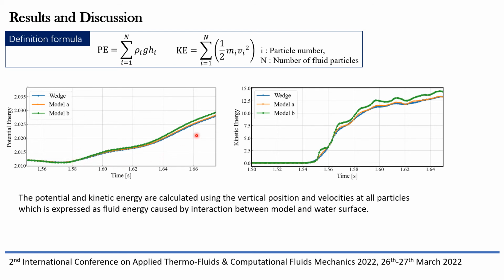We can see that the potential energy and also the kinetic energy results are comparable. We assume that it's because the potential energy and the kinetic energy are calculated in the computational domain range, so all particles are included here. That's why the disparity of the value among the models is very small.